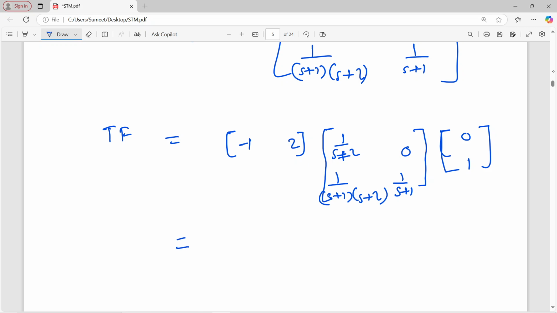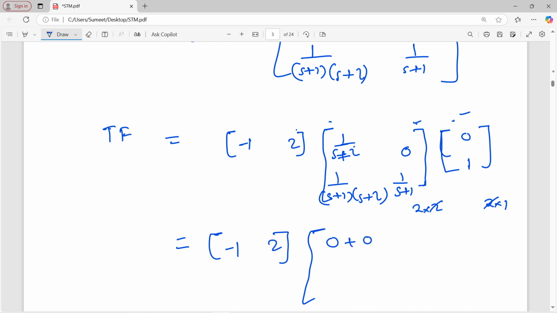Okay, now either you can multiply these two matrices first, or you can multiply these two matrices, you will get the same result. So I will multiply these two matrices. So the order here is 2 by 2, the order here is 2 by 1. The 2 cancels, so the overall order will be 2 by 1. So [-1 2] as it is. Now in matrix multiplication, rows are multiplied by columns. So this term into 0 becomes 0, this term into 1, so 0 into anything is 0.